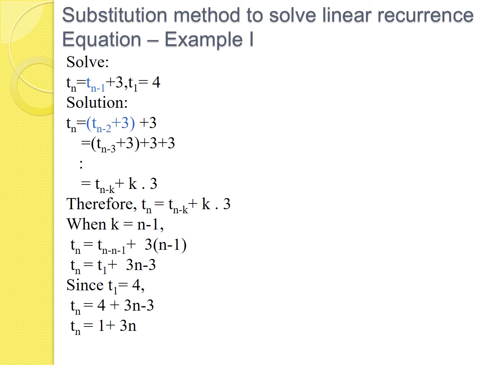Generalizing, it could be written as t_(n-k) plus k multiplied by 3. When the value of k is substituted as n minus 1, t_n equals t_1 plus 3n minus 3.